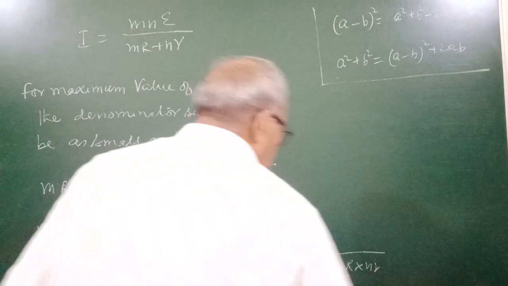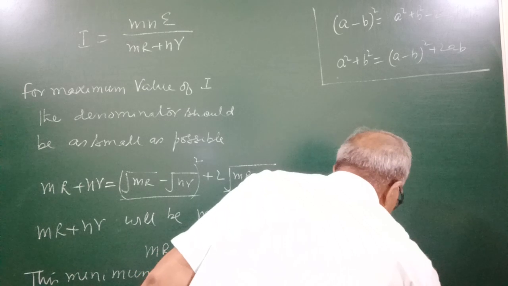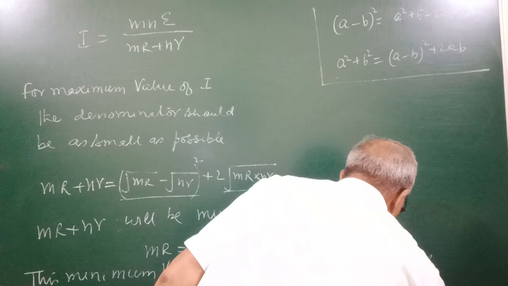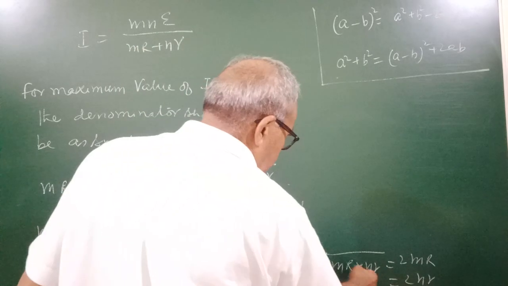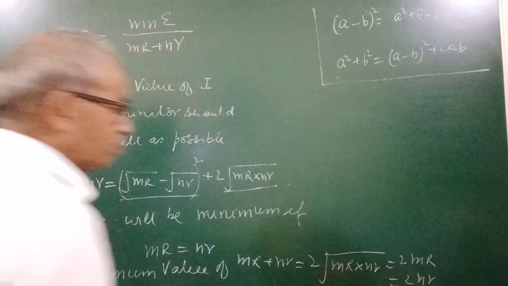so you may get equal to either 2 MR or equal to 2 NR. So if NR is MR, then M square R square will come out.